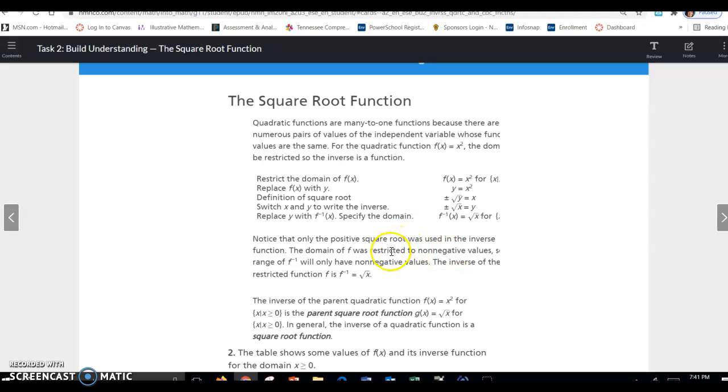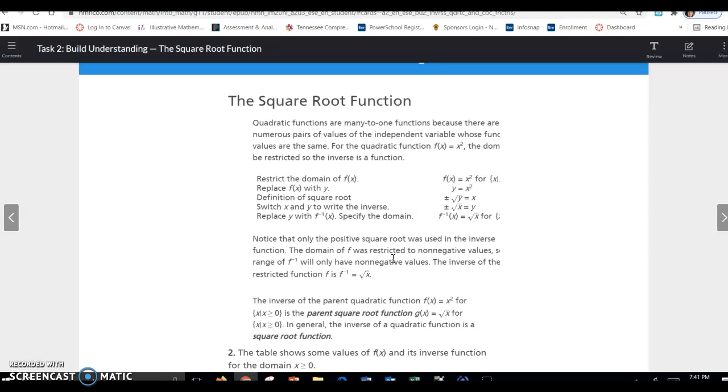Now it says notice that only the positive square root was used in the inverse function. The domain of f was restricted to non-negative values, so the range of f inverse will only have non-negative values. The inverse of the restricted function f is f inverse equals the square root of x.